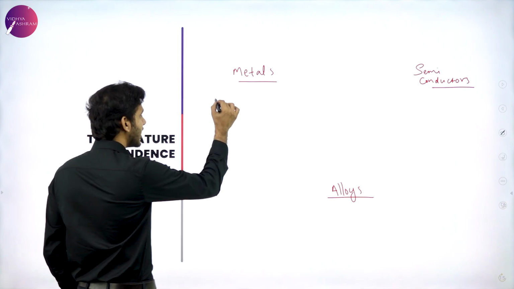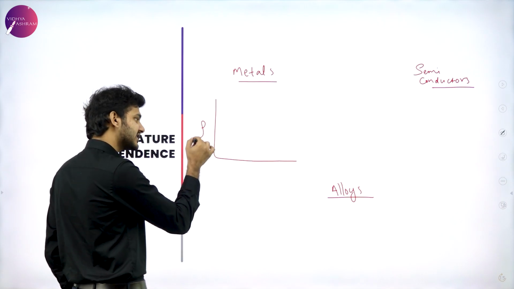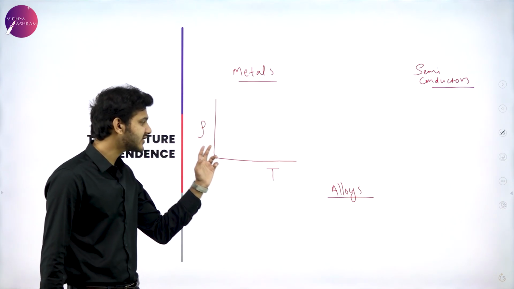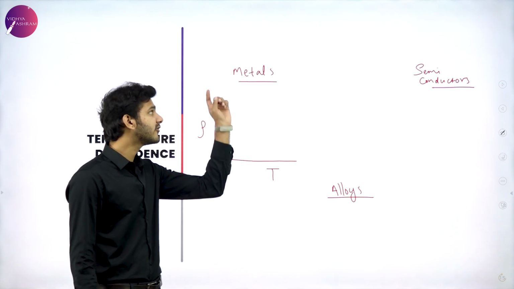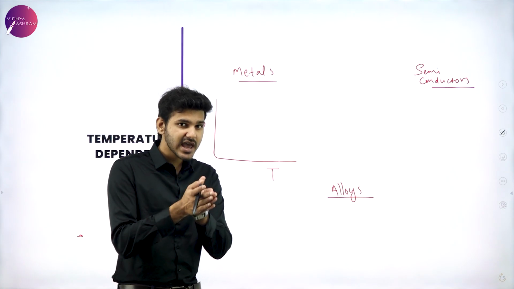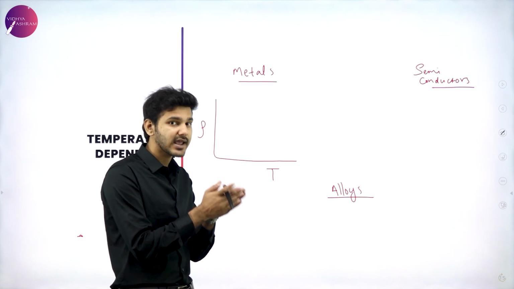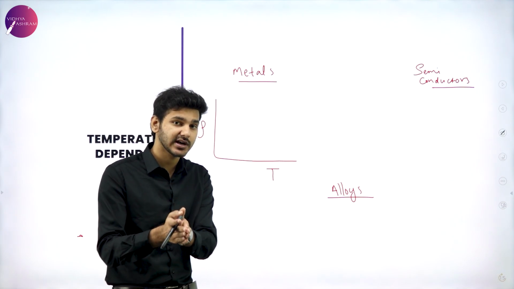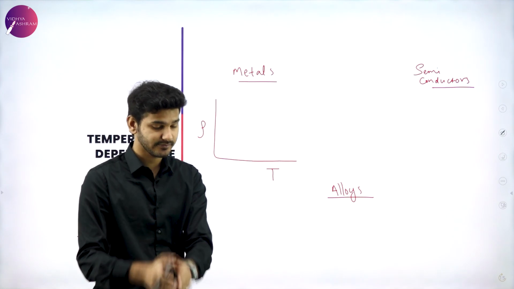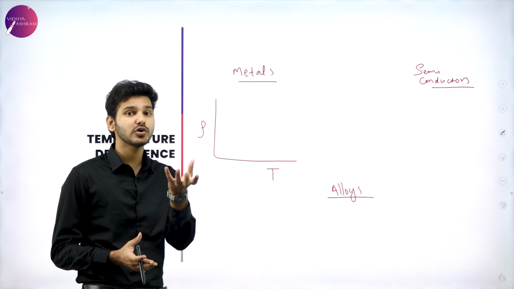First, I'm going to consider the graph between resistivity and temperature. That is, what happens to resistivity if I increase temperature for metals, let's say copper or aluminum. We know that if we increase temperature for a material, then the resistivity or resistance of that material goes up. That is clearly seen in light bulbs, the yellow incandescent bulbs.